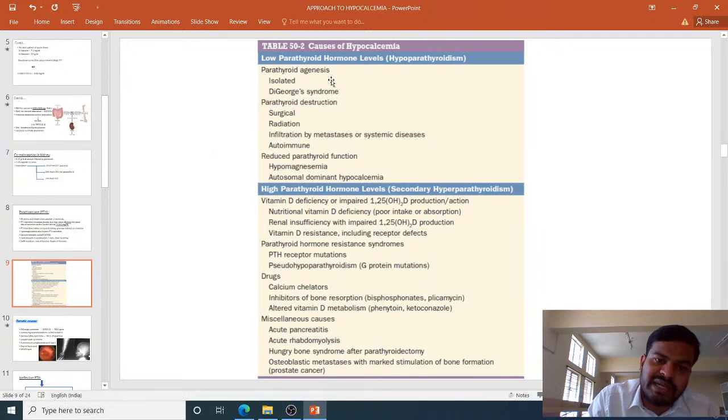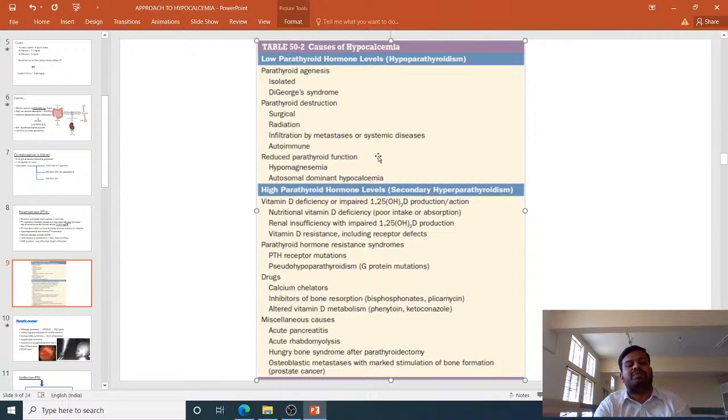If the thyroid is removed, it can also injure the parathyroid gland, which can also be excised with the thyroid. So usually the surgeons are very careful when doing thyroid surgery, to preserve the parathyroid and to remove the thyroid. Other causes are reduced parathyroid function, hypomagnesemia and autosomal dominant hypocalcemia. So these are the low parathyroid hormone causes.